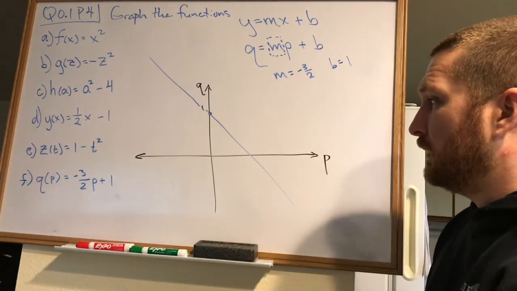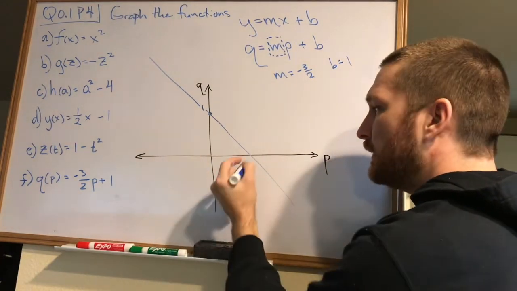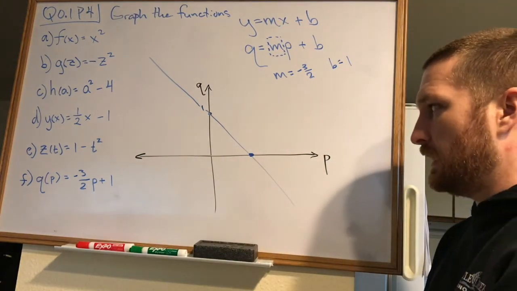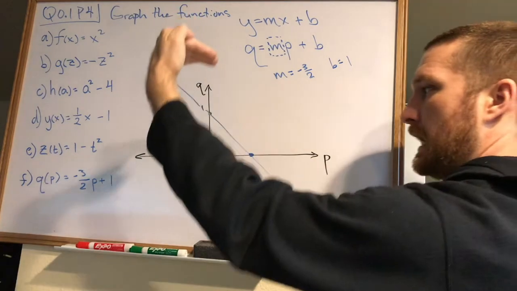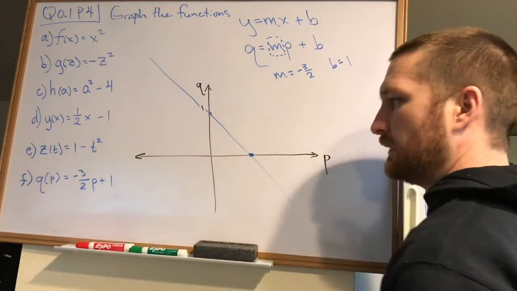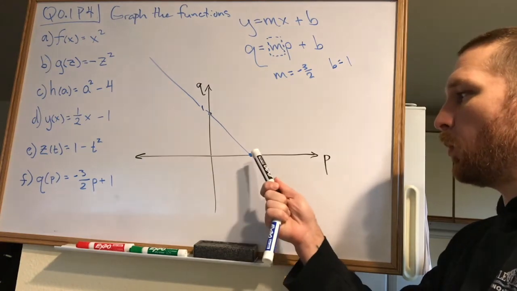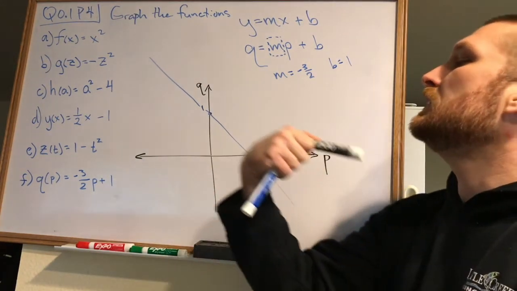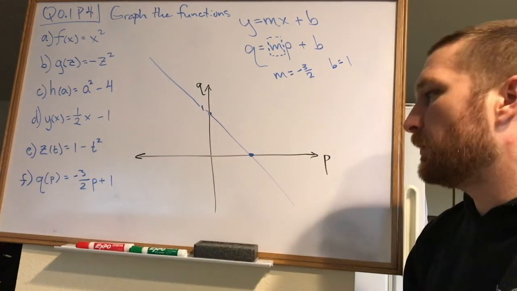Now, okay. One more place to find. It's wherever it goes through right here. And we're going to say, well, the height is 0. That means the output is 0. We want to know what input, what p-value, gives me 0 as an output.